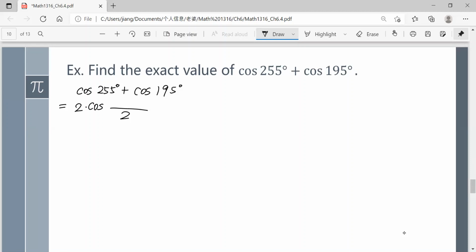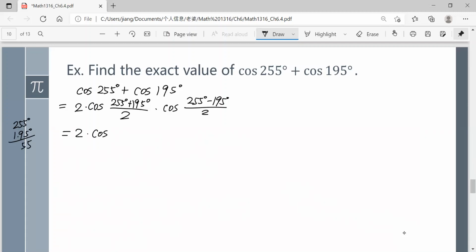The top is alpha plus beta, 255 plus 195 degrees, over 2, times cosine of 255 degrees minus 195 degrees over 2. So 2 times cosine of 255 degrees plus 195 degrees.